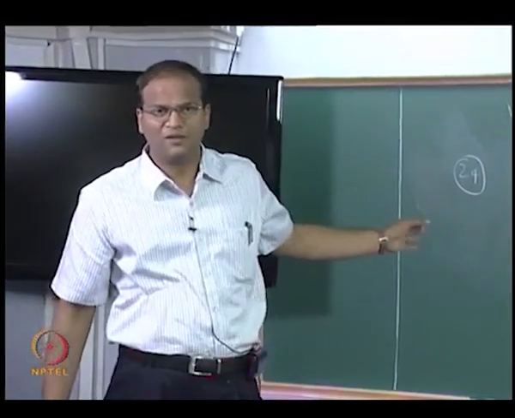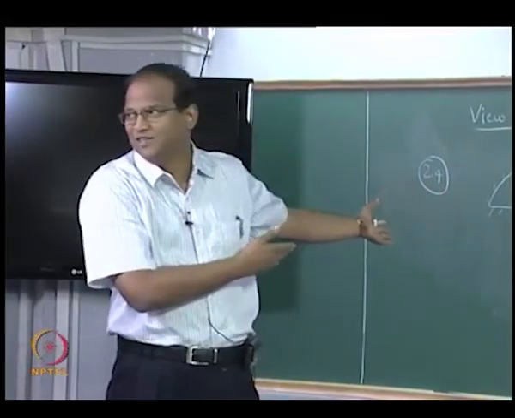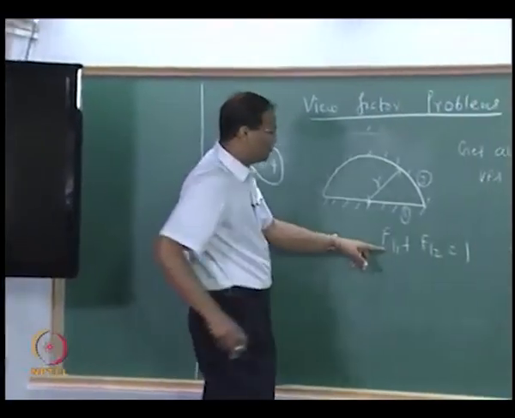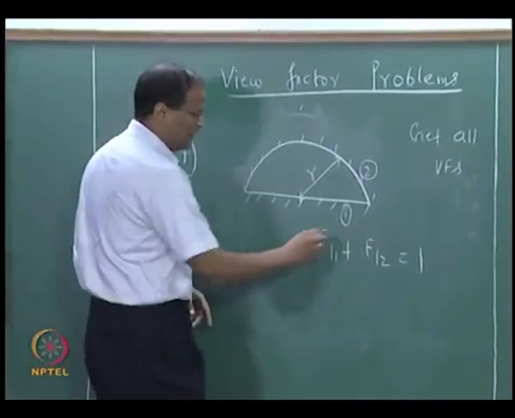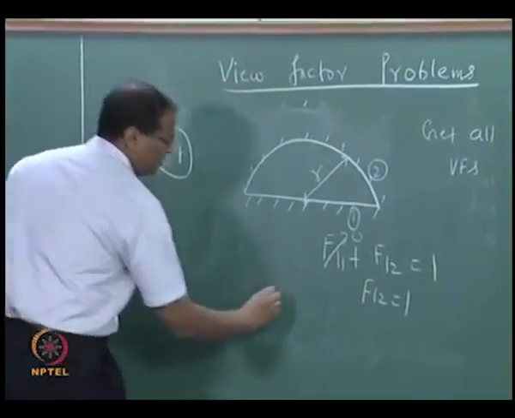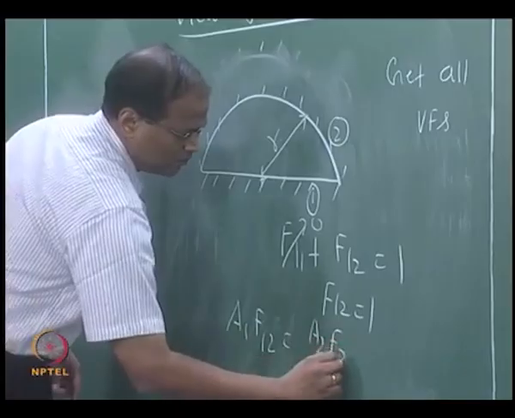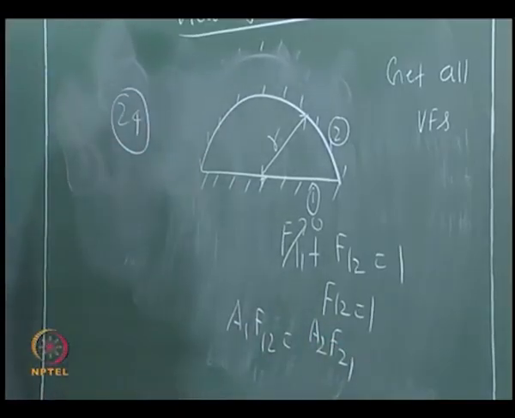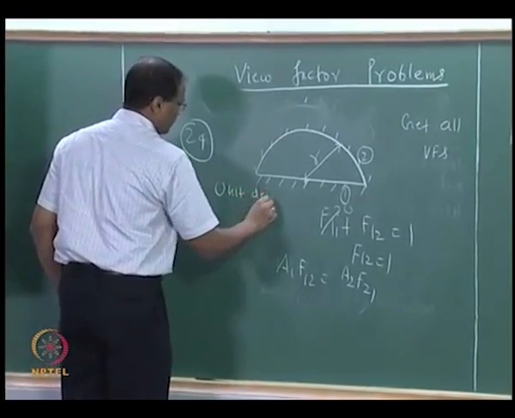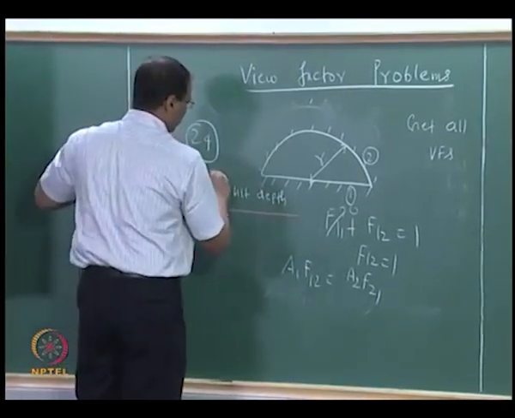Now this problem, don't worry that every problem will give rise to trouble. These problems are solvable. F11 plus F12 equal to 1. What is F11? He is 0. Therefore, F12 is A1, what is A1? Unit depth. Please note that we are solving only 2-dimensional problems.